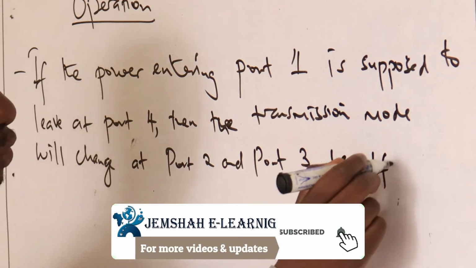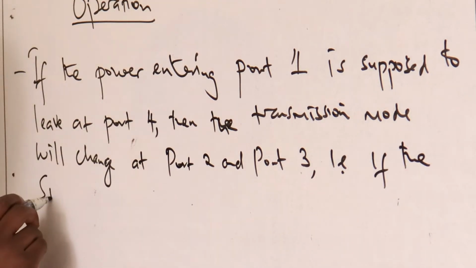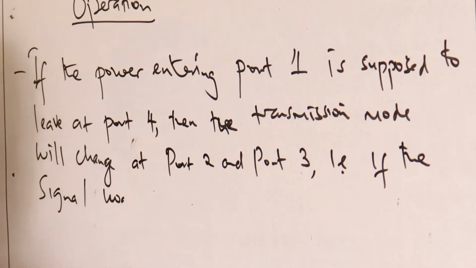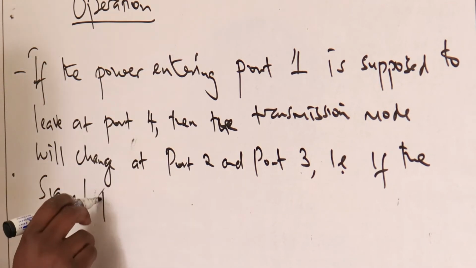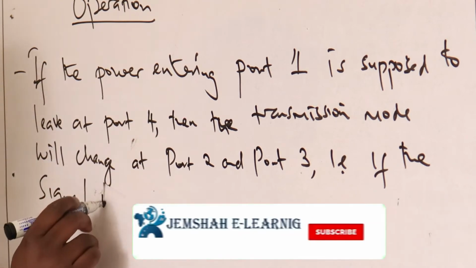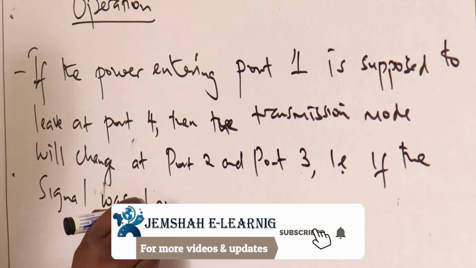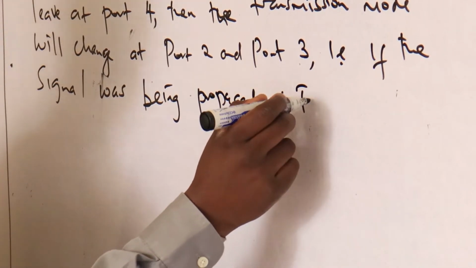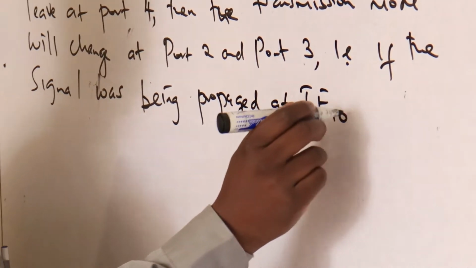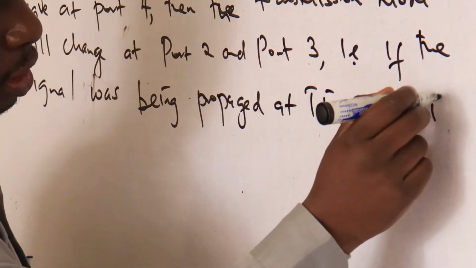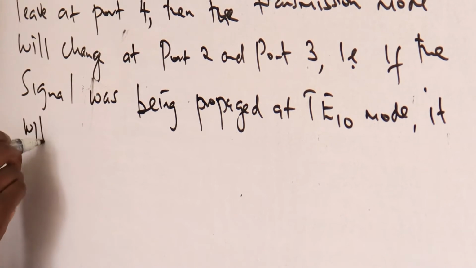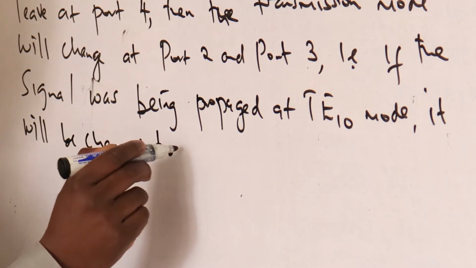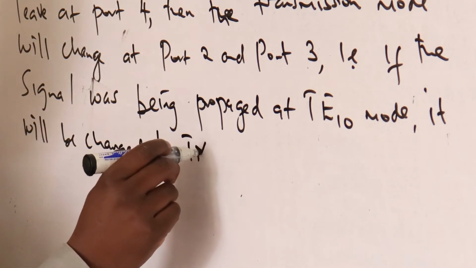That is, if the signal was being propagated at TE10 mode, it will be changed to TM mode.